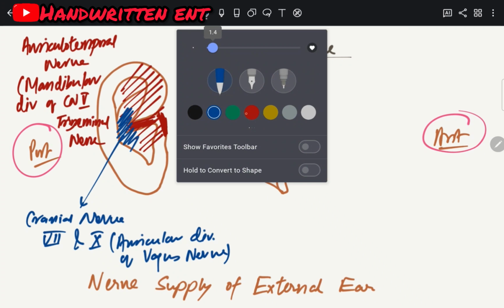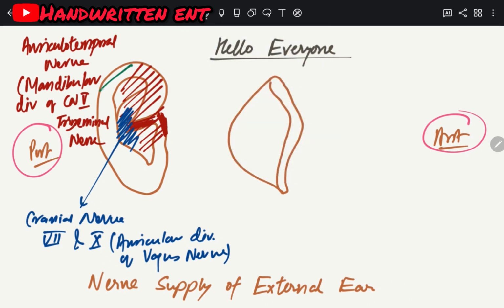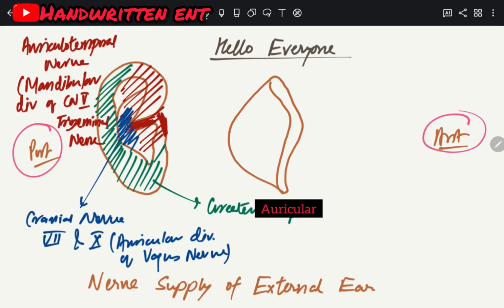and the remaining area in the lateral surface of the pinna is supplied by greater occipital nerve, which is C2, C3 of the cervical plexus.